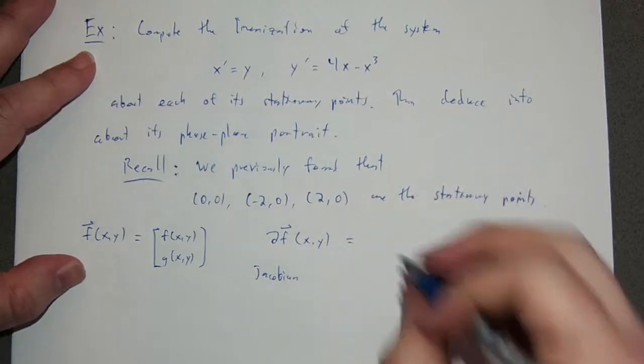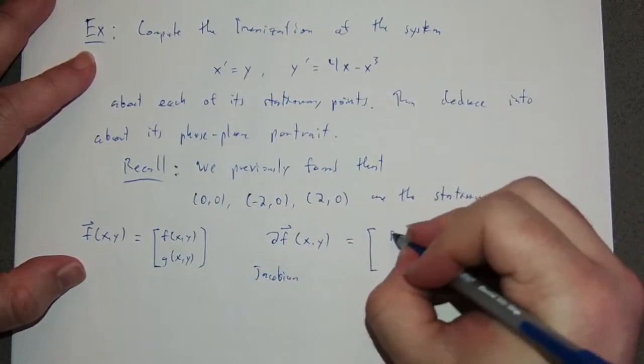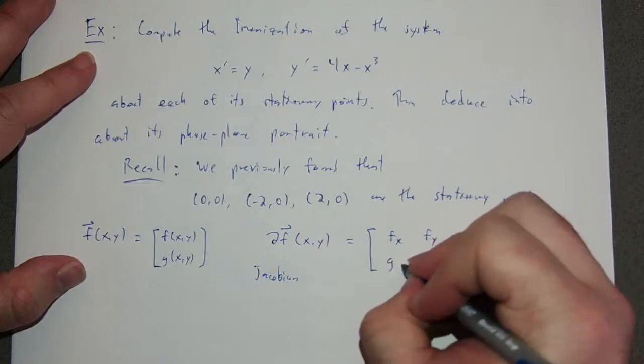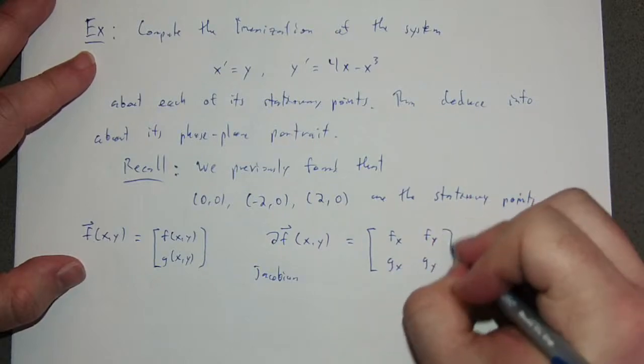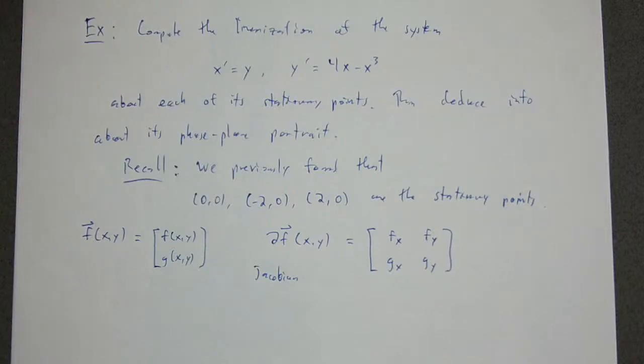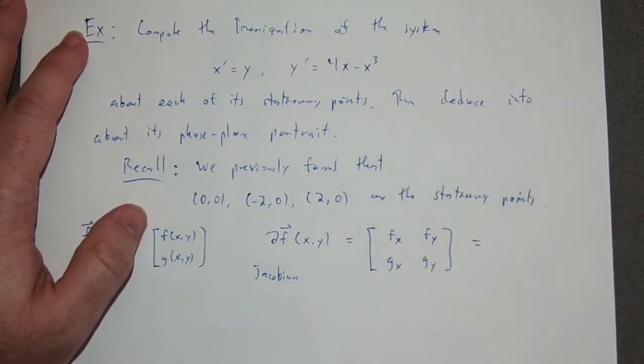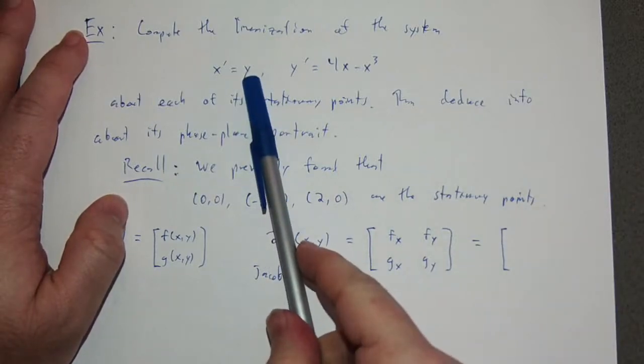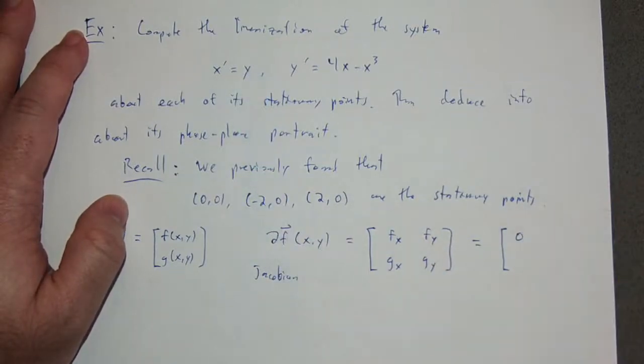Okay, so what is the Jacobian? This is the x partial of f, the y partial of f, and the x partial of g, and the y partial of g. There's my Jacobian. So let's compute this real quick. What is the x partial of f here? 0.